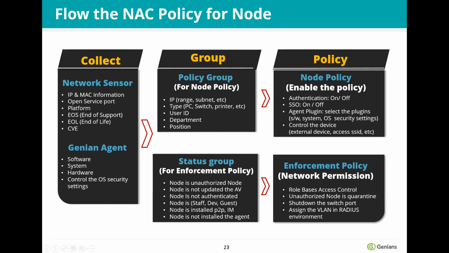and status group is literally the node status. It is for enforcement policy. Status group is whether the node is an unauthorized node or authorized node, the node has not updated the AV, the node is not authenticated, or the node is staff or guest, or the node has installed uTorrent or IM Messenger.